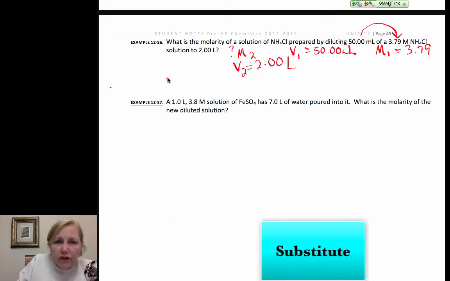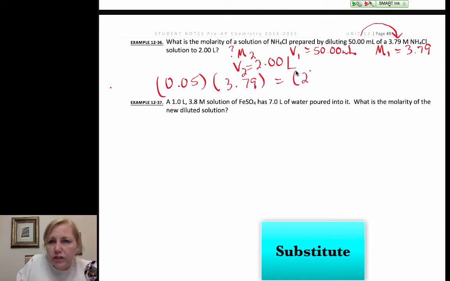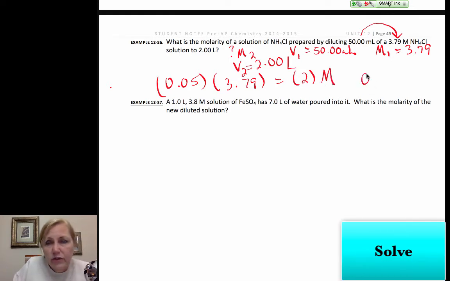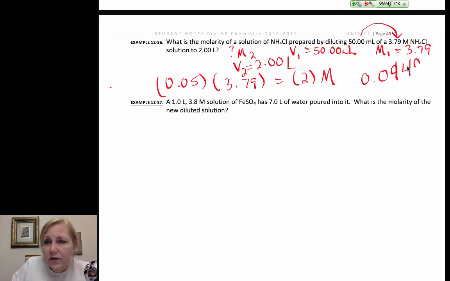So I'm going to put volume 1 is 0.05 liters times molarity 1 is 3.79, is my volume 2, which is 2 liters, times my molarity 2. Hopefully you can see. You could do Boyle's Law, you can do this. The only difficulty I've ever seen is kids not paying attention and not listing their givens, and so they don't realize that they're doing VUM.